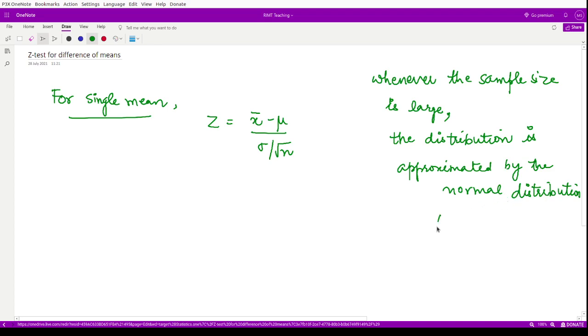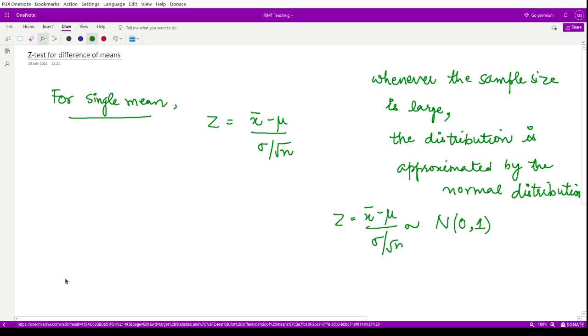Standard normal distribution has mean 0 and standard deviation 1. So this is the notation. This z statistic, which is defined by this, is approximated by this standard normal distribution. So this we have already studied.